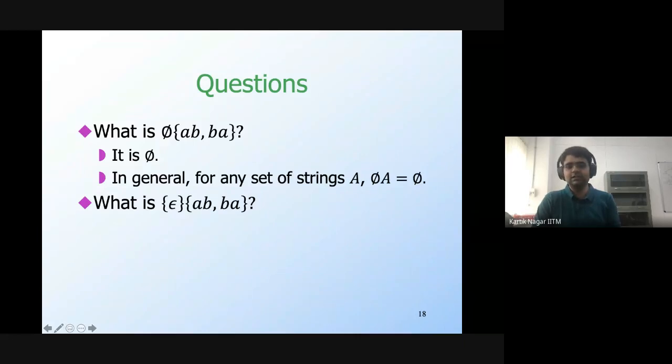So why would that be the case? Why is it that you would get the second set?